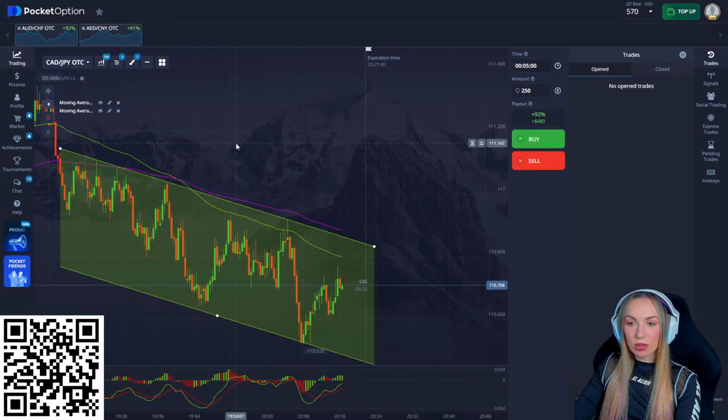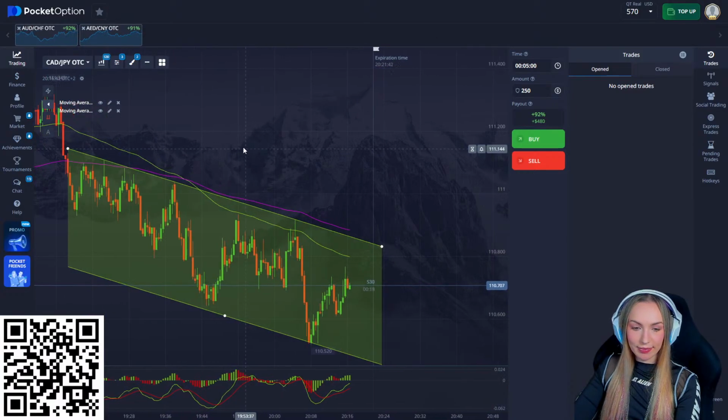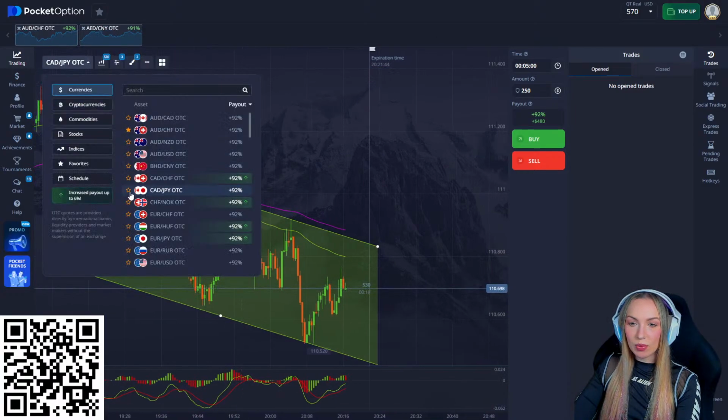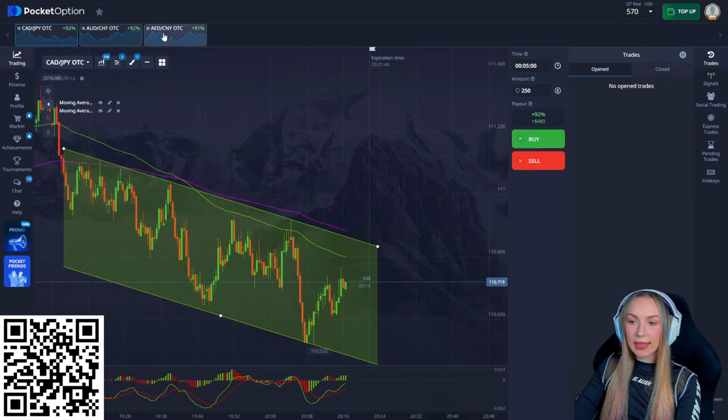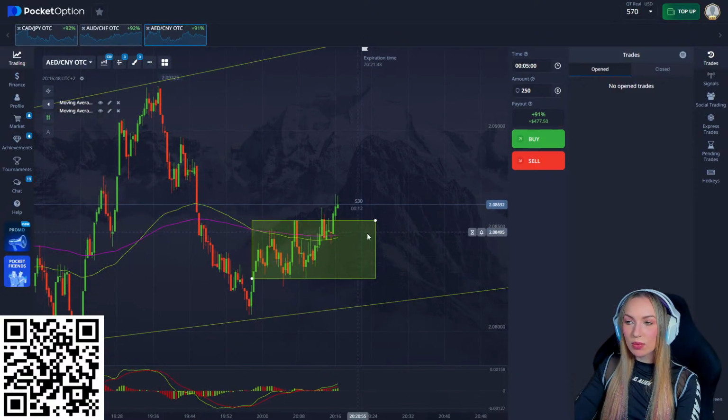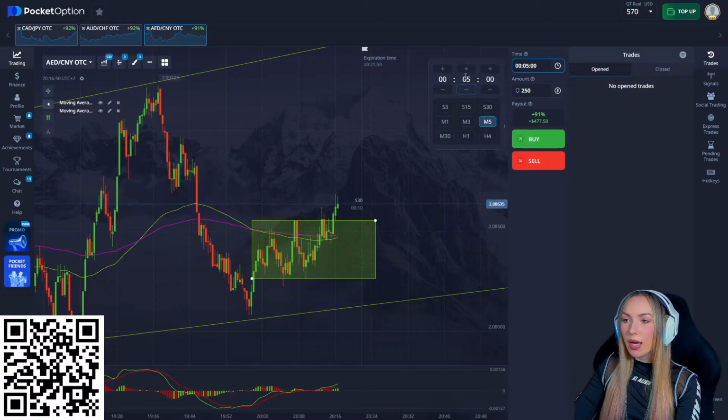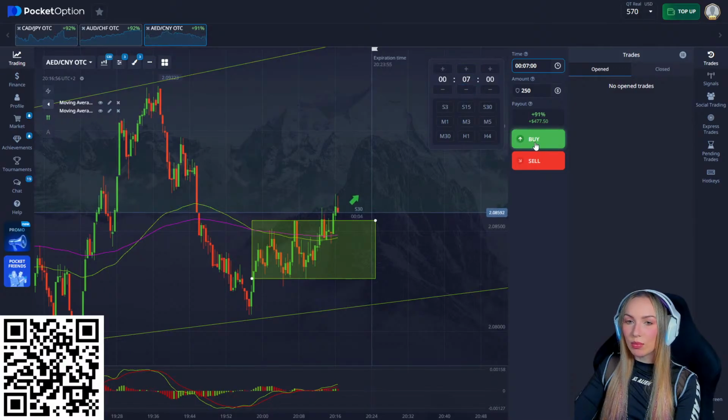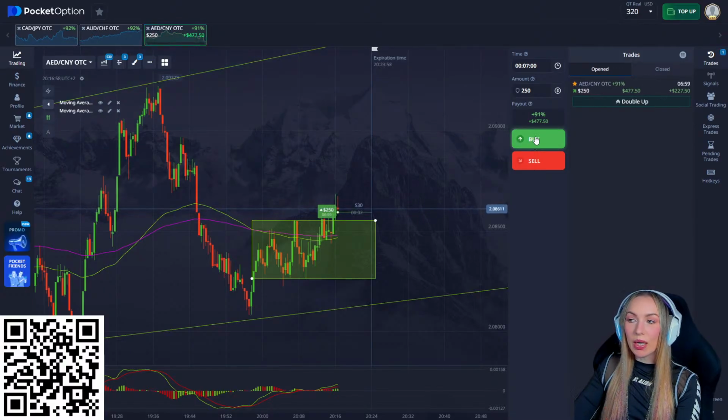I think we can do it here. So I'll put the star here, and let's return back. Oh, this one actually broke again. Okay, I want to open the trade here for 7 minutes in the upward direction on CADJPY. I opened the trade in the upward direction for 7 minutes this time.